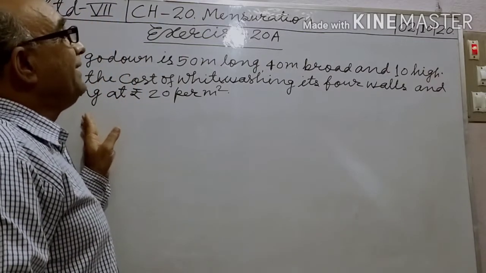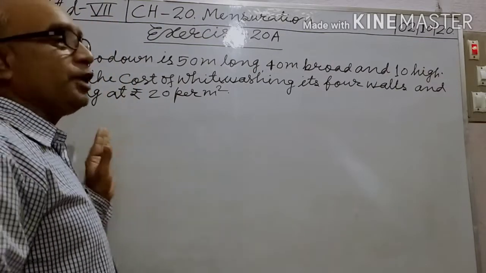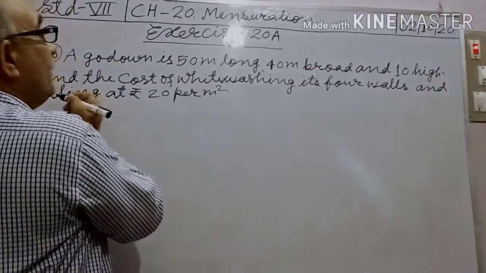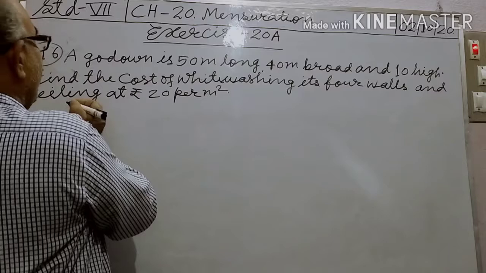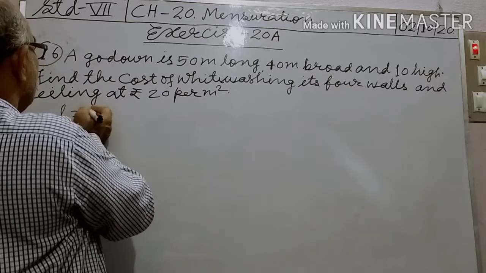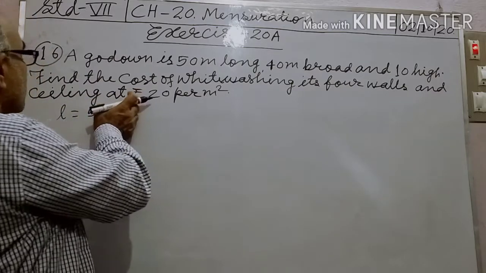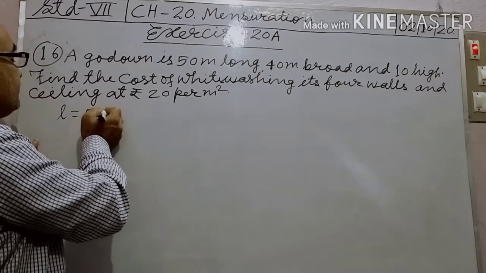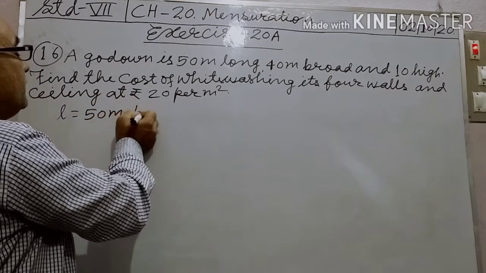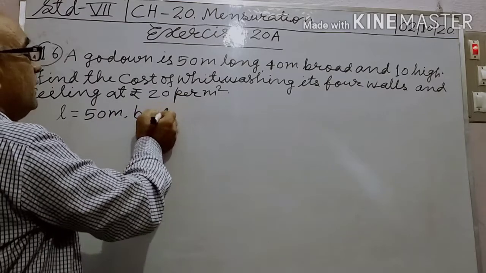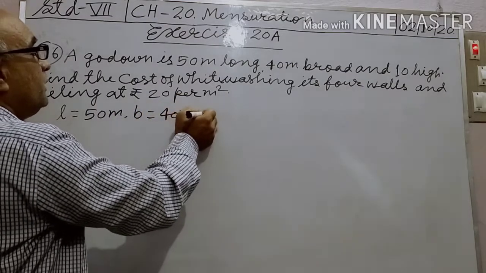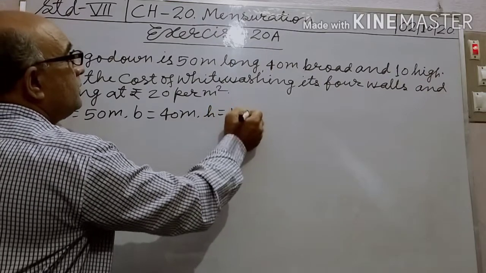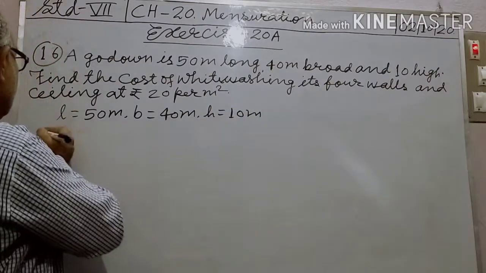Here, find the area of the four walls of the room and the ceiling of the room. So given length L equal to 50 meter, breadth equal to 40 meter and height equal to 10 meter.